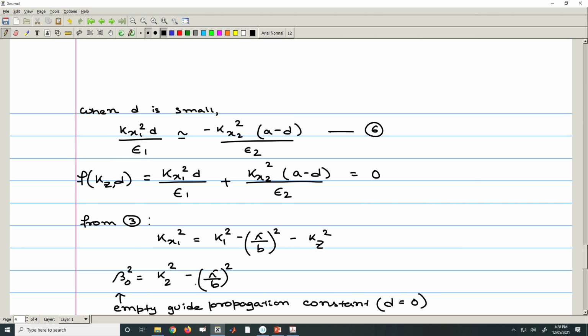So, from this, when beta naught square is equal to k 2 square minus pi by b square, we can write pi by b whole square as k 2 square minus beta naught square.